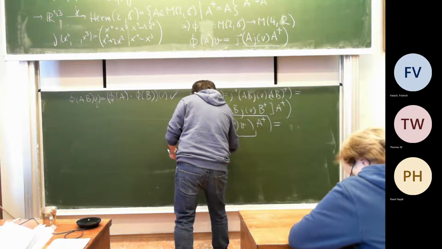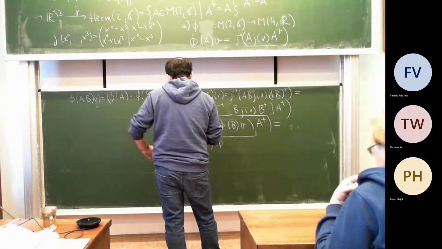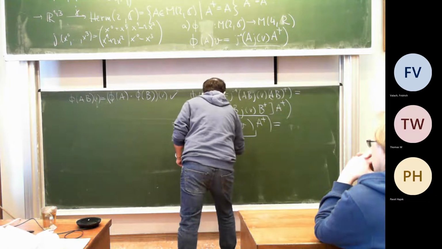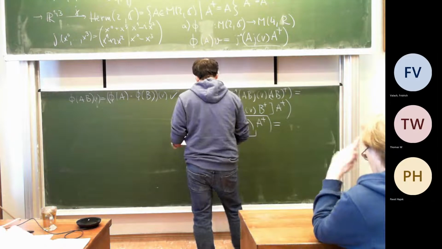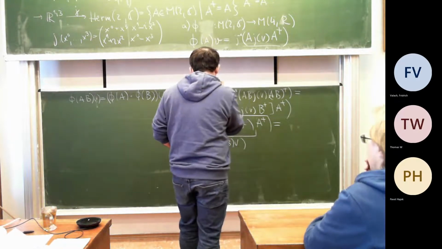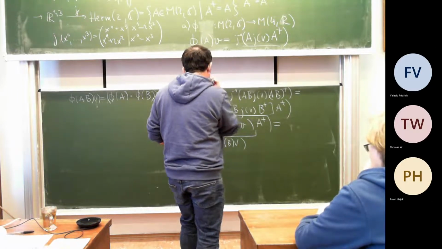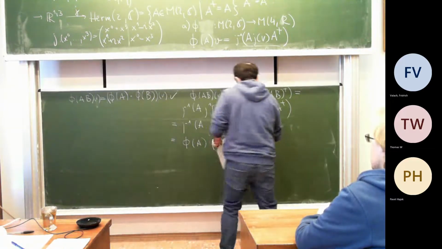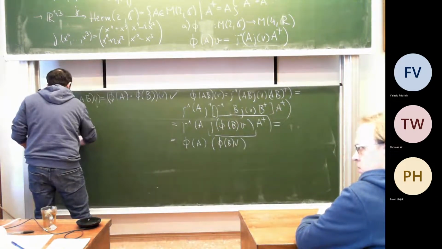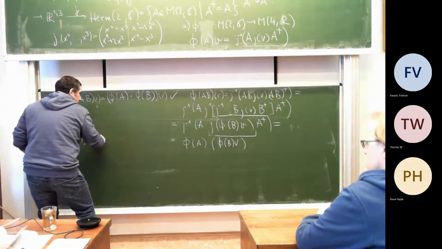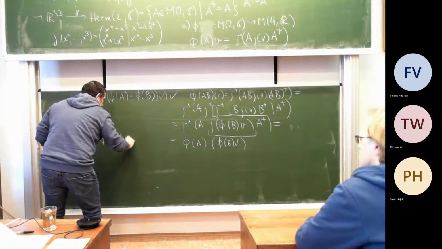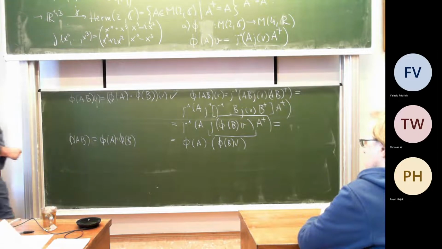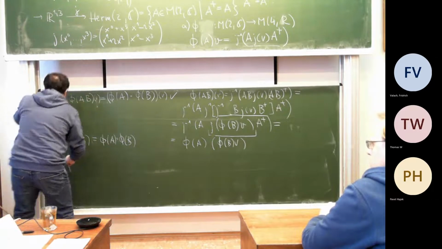So this is phi B of V. Yeah, it is correct according to this formula. And now it's phi of AB on V, which is phi A composed with phi B. So it is a homomorphism of semigroups.